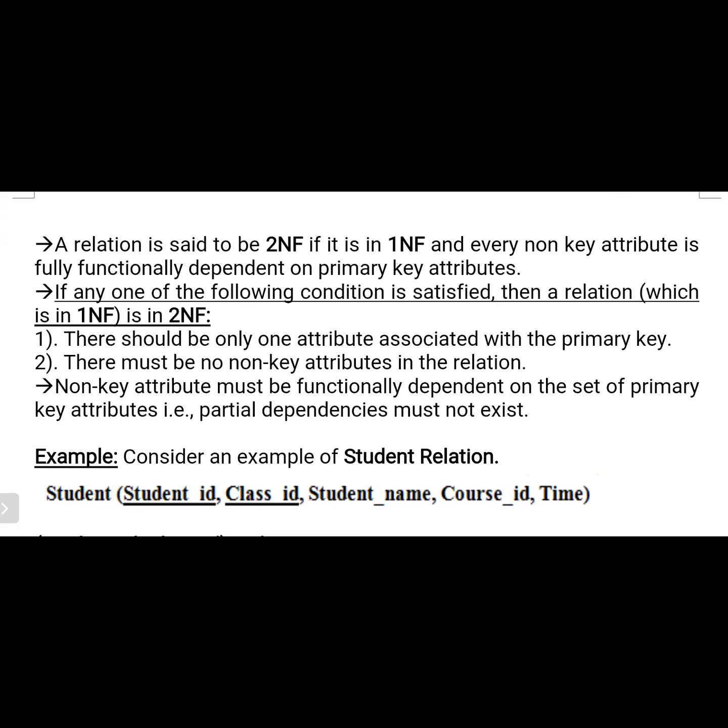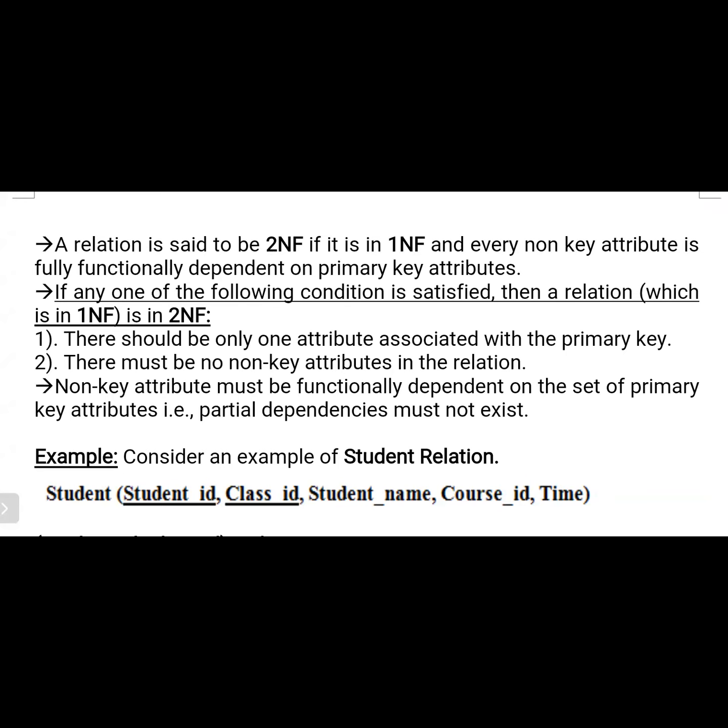A relation is said to be in 2NF if it is in 1NF and every non-key attribute is fully functionally dependent on the primary key attributes. So how do we decide whether a table is in 2NF or not? First of all, it must satisfy 1NF. What is the meaning of 1NF?